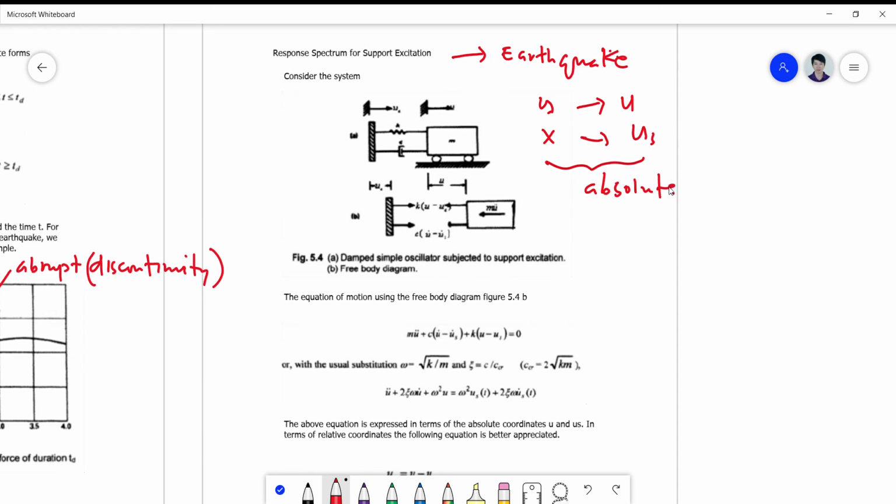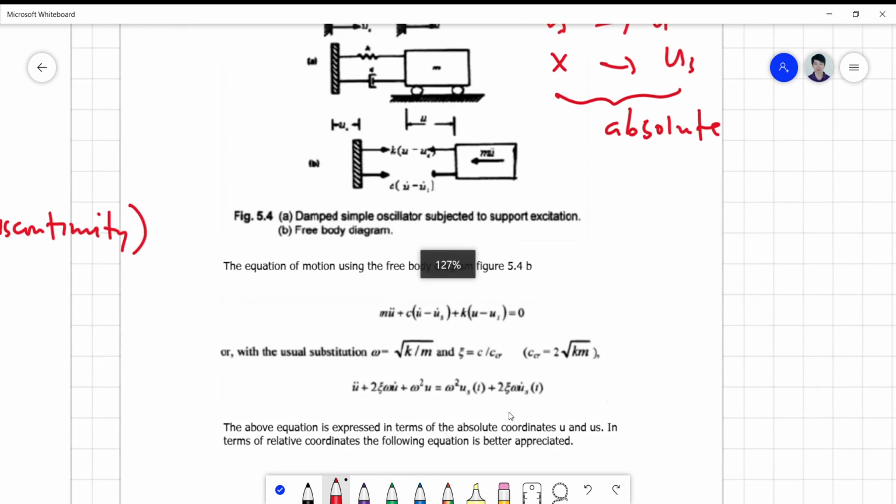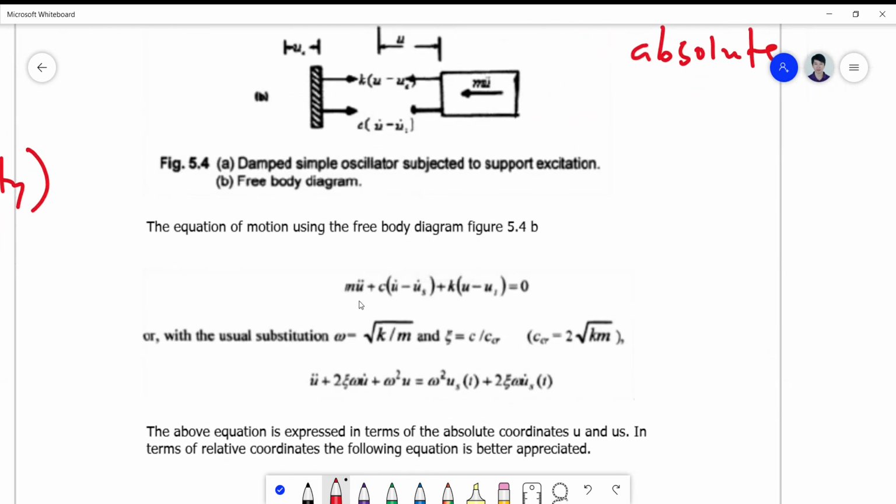So if we take the free body diagram, this is the same as the free body diagram I presented to you on the other video. The equation of motion using the free body diagram can now be written in the form m u double dot plus c quantity u dot minus us dot plus k quantity u minus us is equal to 0, or with the usual substitution of omega and the damping ratio.